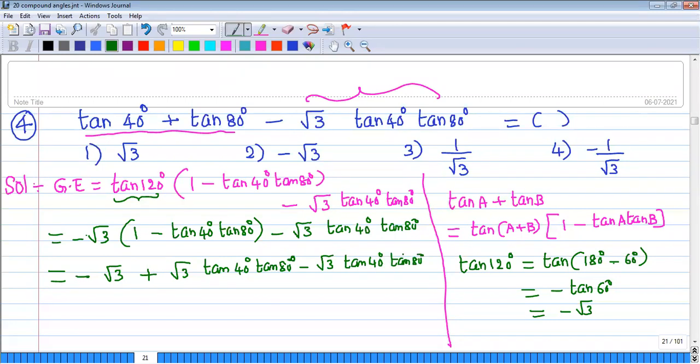Right. Then what do you get? Both will cancel out. Minus root 3 is the answer. Very interesting. The second option is the right option.